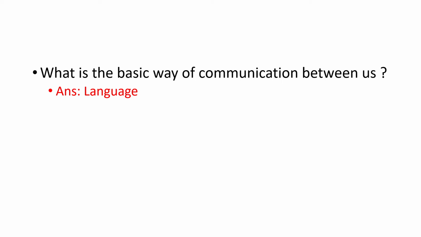Now these languages are not used by us, the human beings. The difference between Bengali, English, Hindi and C, Java, C++ is that the first three languages are used by human beings and the last three languages are used by machines.